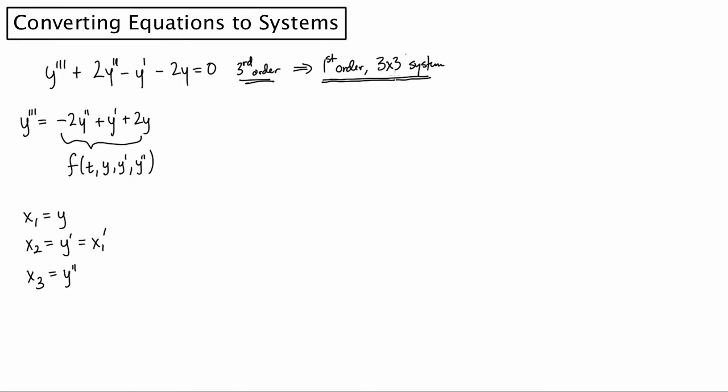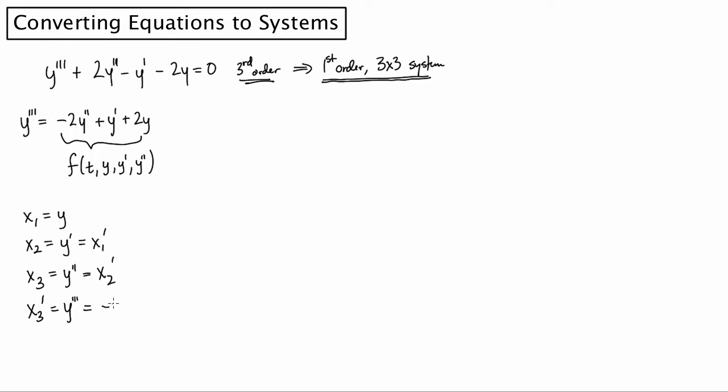I said this is going to be a 3x3 system because it's a third order equation, so I have three variables, and that's all I need. You can see that x3 is y double prime, which is equal to x2 prime. Then that means x3 prime is equal to y triple prime, and y triple prime can be written in terms of all of these other terms.